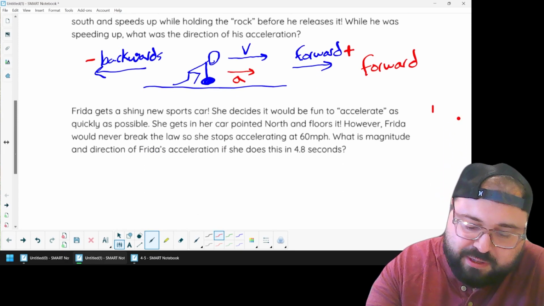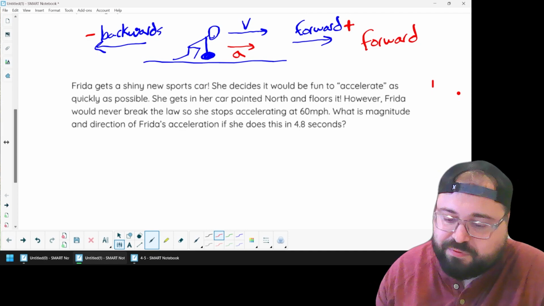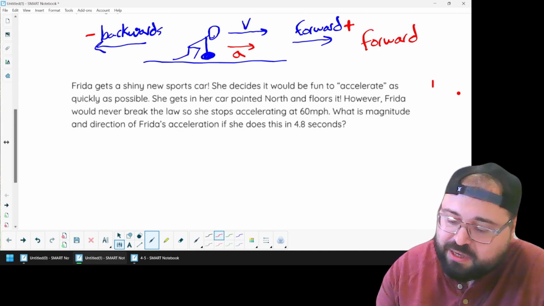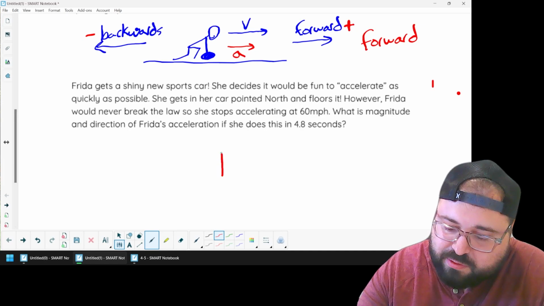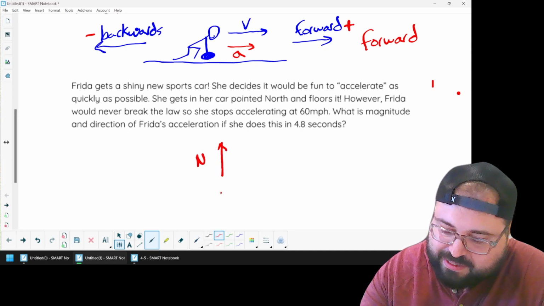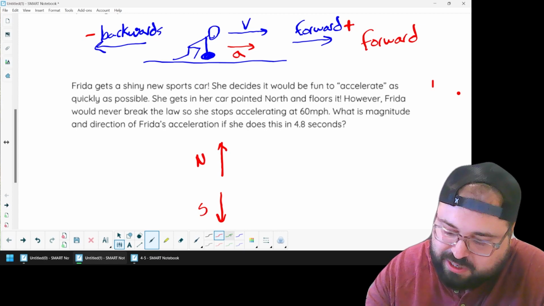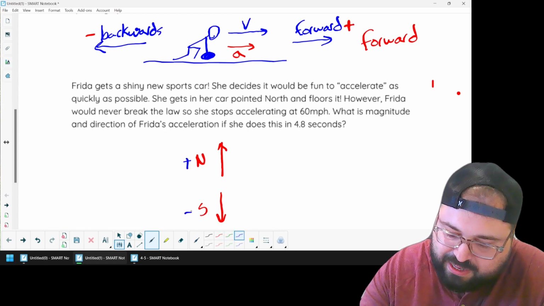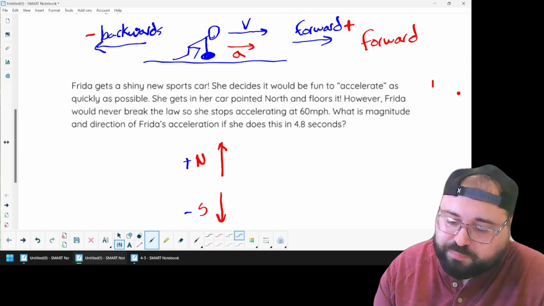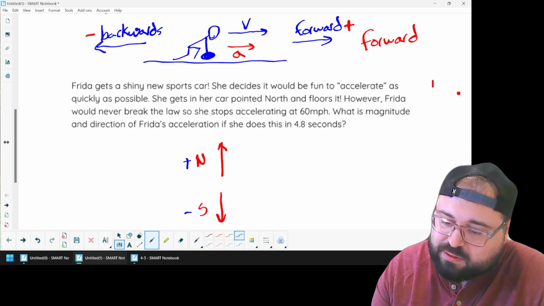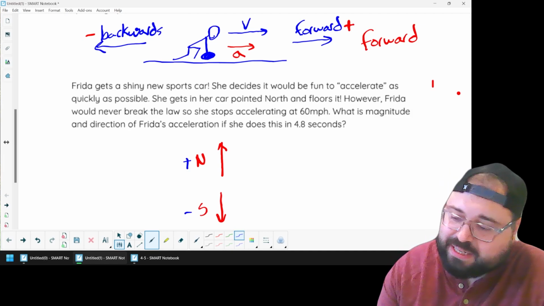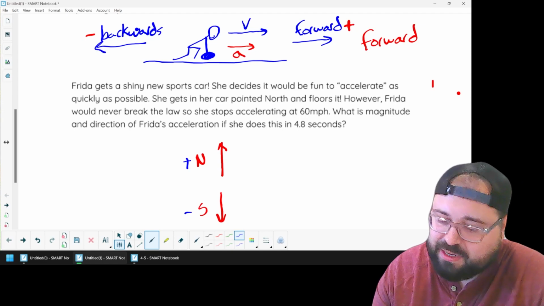Okay? Let's go on to I think the last one here. Frida gets a shiny new sports car. She decides it would be fun to accelerate as quickly as possible. She gets her car pointed north. So we're going to have north and south as our directions here. We could give some positives and negatives, right? Frida stops accelerating at 60 miles per hour.